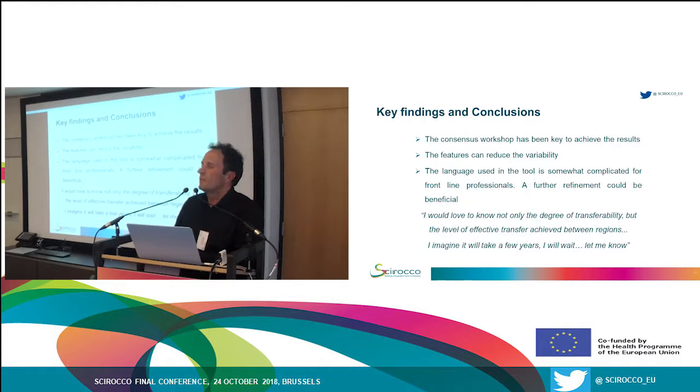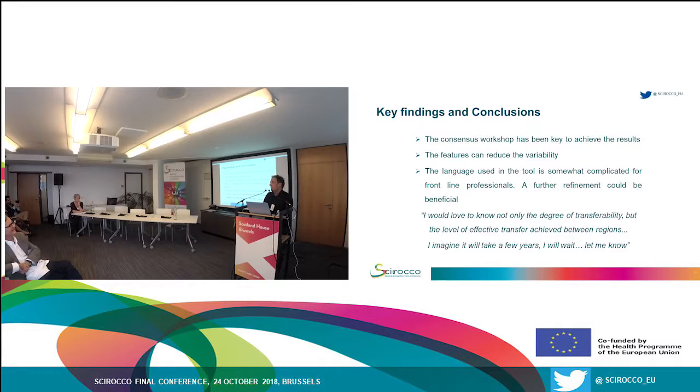So key findings and conclusions are the consensus workshop has been key to achieve the results. As I said before, the features can reduce the variability. We are clinicians. We have simple minds. We need simple language. The language used in the tool is somewhat complicated for us. A further refinement could be beneficial.